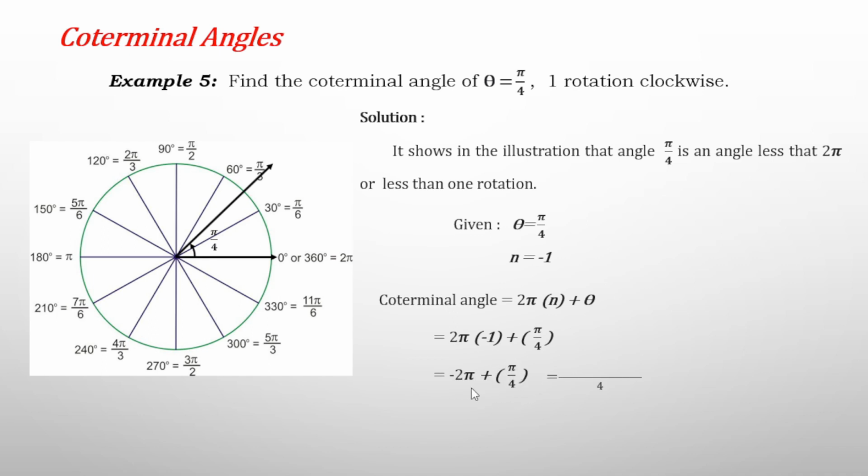In order for us to simplify this, since we are dealing with a fraction, we're going to find the LCD, or the least common denominator. Take note that negative 2 pi has a denominator of 1. So the denominators are 1 and 4.